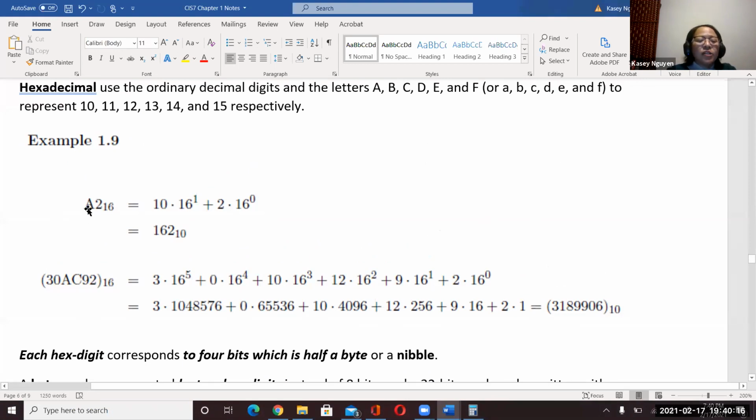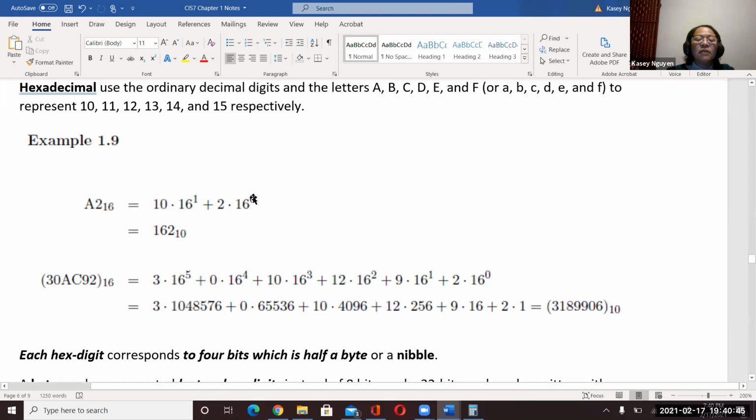We're given a hexadecimal value A2, and this is base 16, so we know it's hex. How do you convert it to decimal? Decimal is base 10 and hex is base 16. So you write it out using 16 to the nth power, starting from the right with n equal to 0.